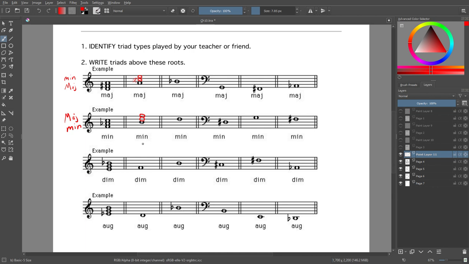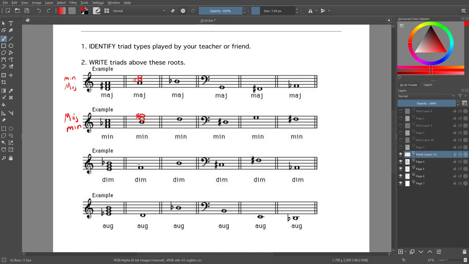That is going to be a minor third. So we're going to leave that as is, because that's already a minor third. Now from D to F, is that a major third or a minor third? Well, if you count the half steps, that is only a minor third, but we need to have a major third on the top. So what we're going to do is add a sharp to that F, and that is your minor triad.